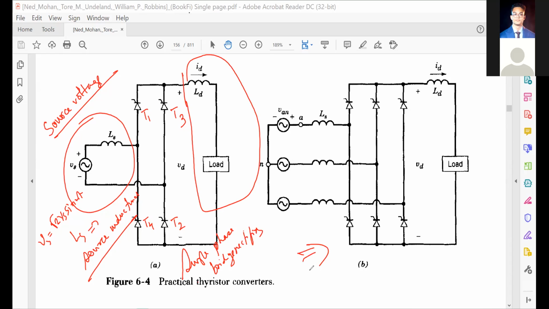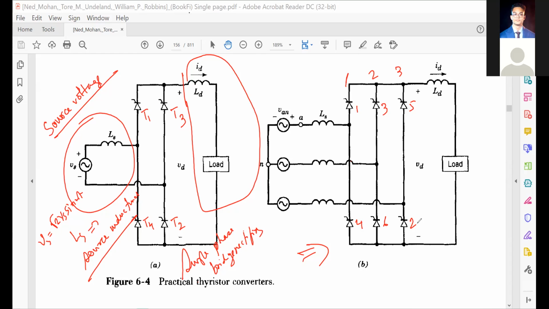And this one is the 3-phase bridge. 3-phase bridge rectifiers will have 3 legs, 1, 2, 3, and it will be 1, 3, 5. Then this will be your 4, then 6, and this is your 2. So this is the way we have to label our thyristors.